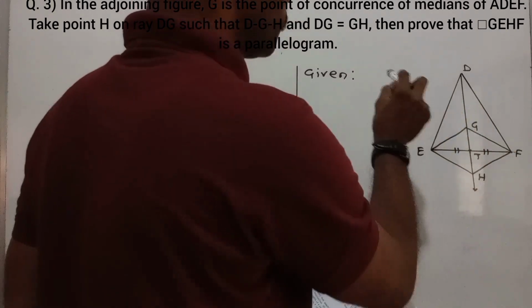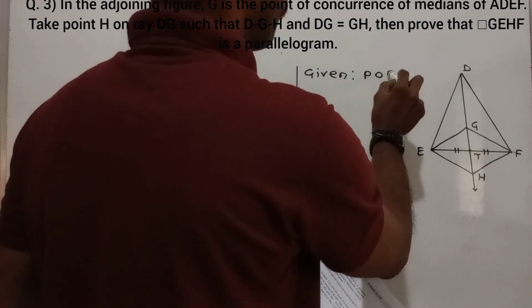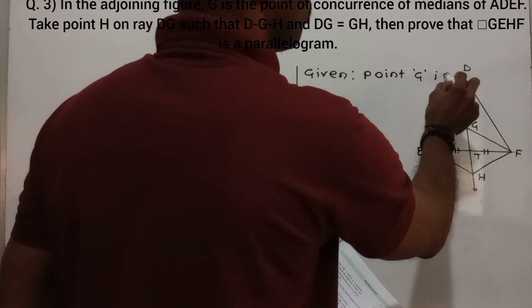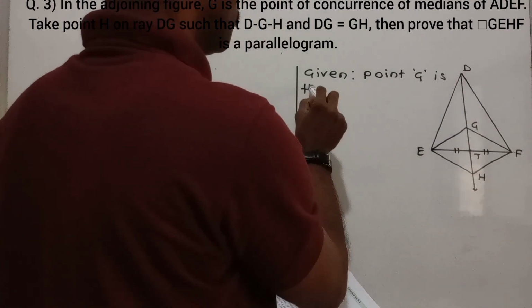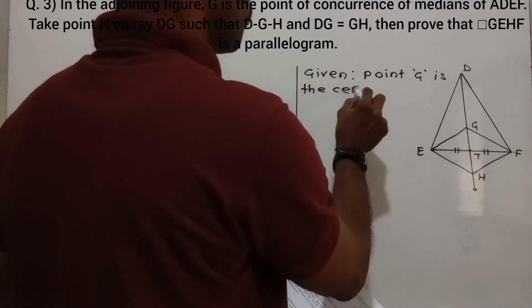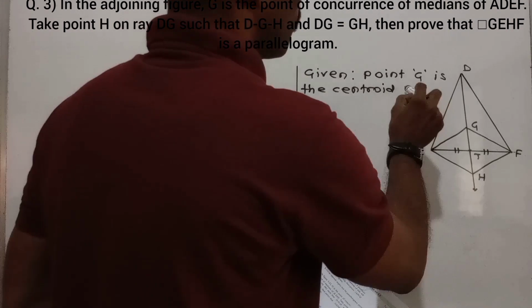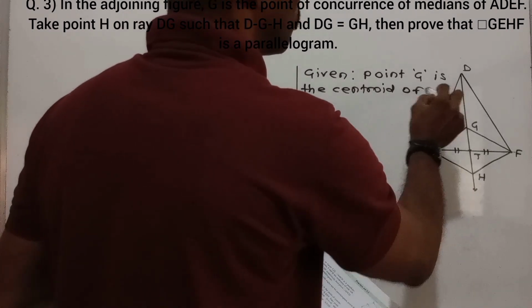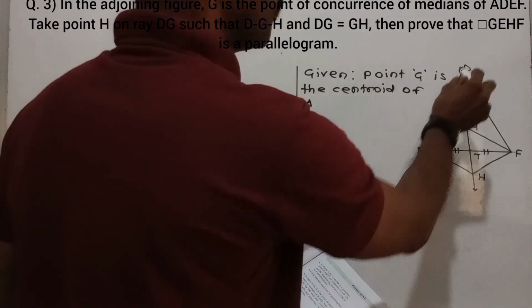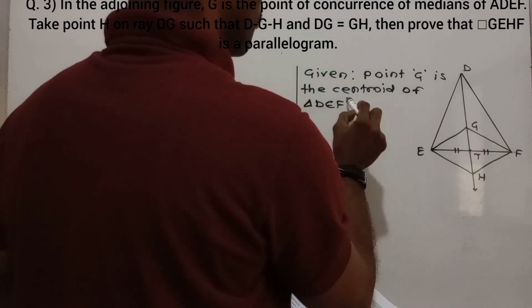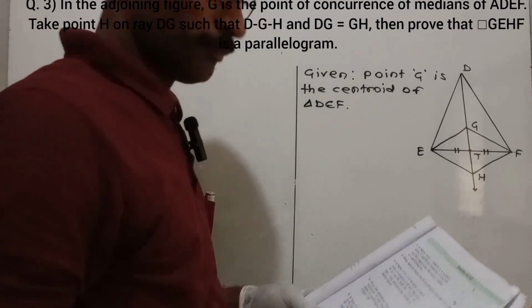Therefore, we also write point G is the centroid of triangle DEF. Did you get it?